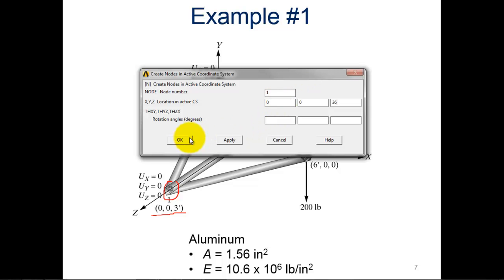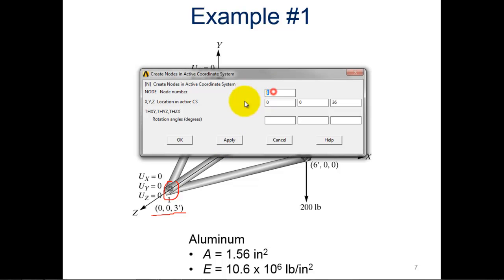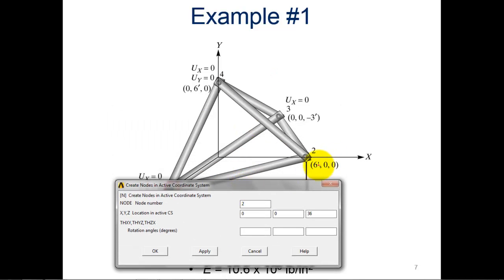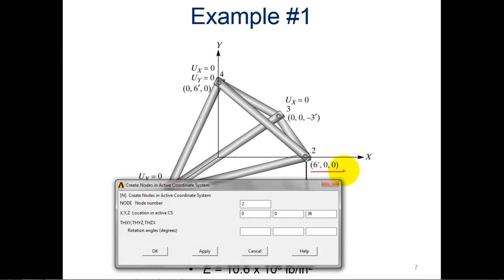So don't hit OK. You want to hit apply, because what apply does allow us to put in another node's coordinates, and if we hit OK, we just go back to the basic screen. So apply kind of keeps us in the same direction. So we'll change our node number to node 2. So node 2 is 6 feet, 0, 0.